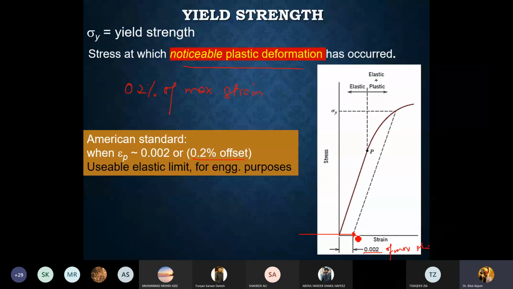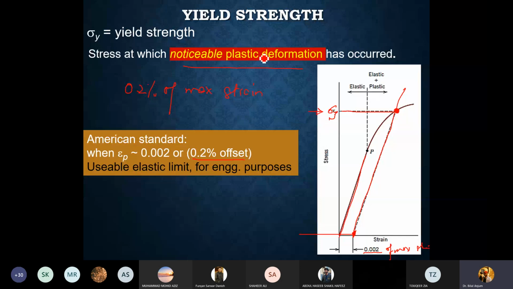You draw a line parallel to the original curve line, passing through the 0.2% offset. The point where this parallel line cuts the original tensile stress-strain curve is essentially the value of the yield strength.